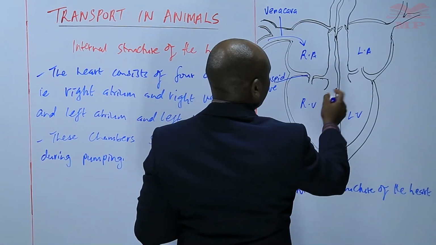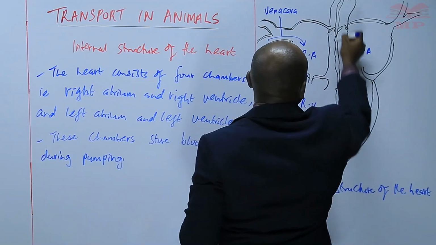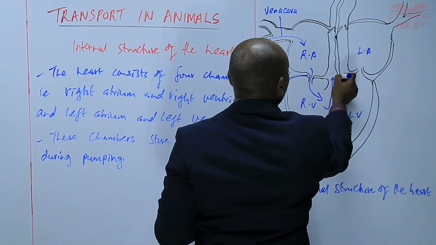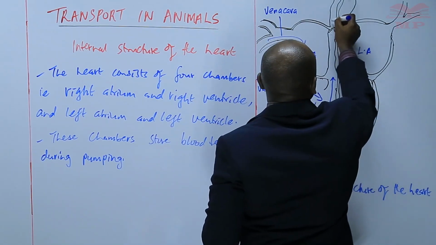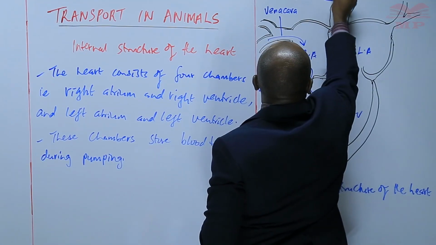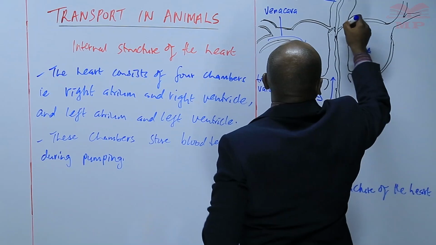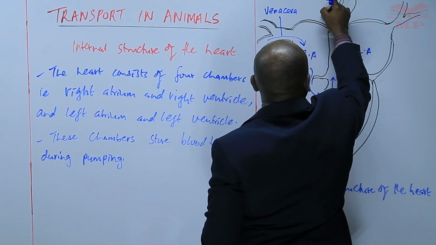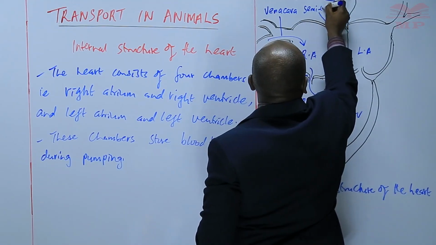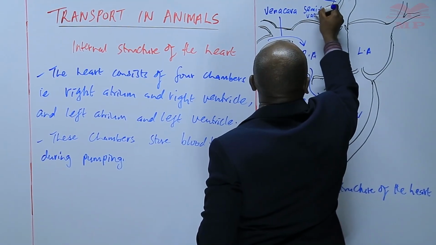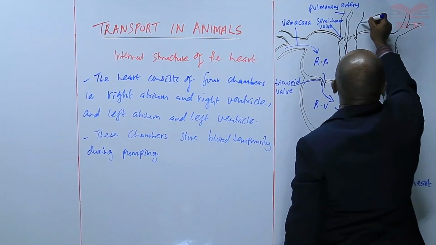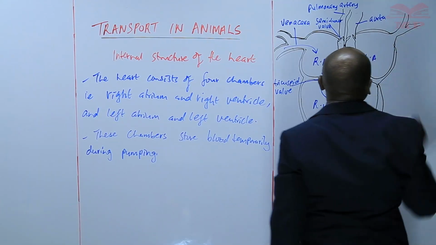We have the blood vessel that takes the blood out of the right ventricle, and this one is referred to as the pulmonary artery. At the base of the pulmonary artery, we have valves that we refer to as semilunar valves, also found at the base of the aorta.